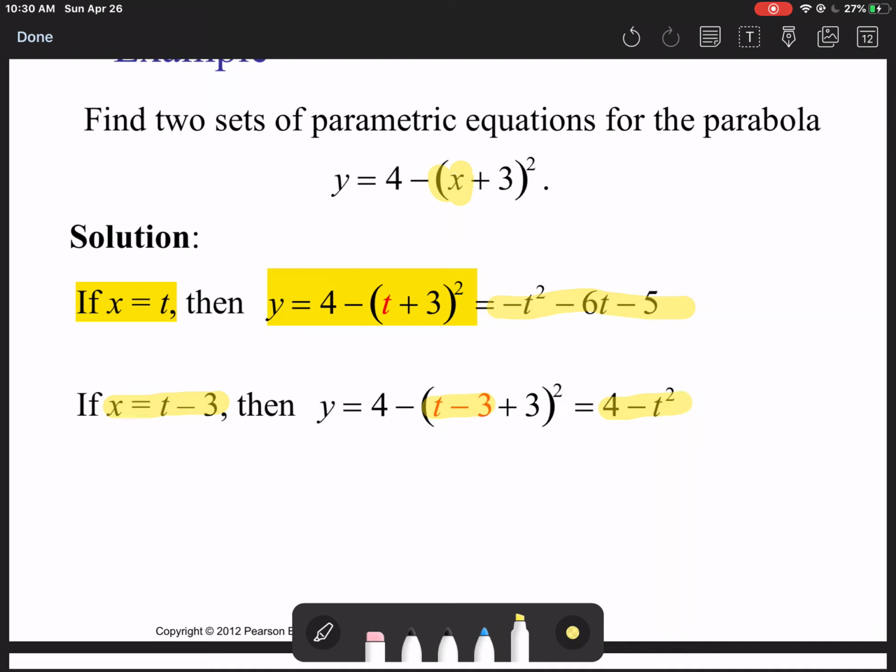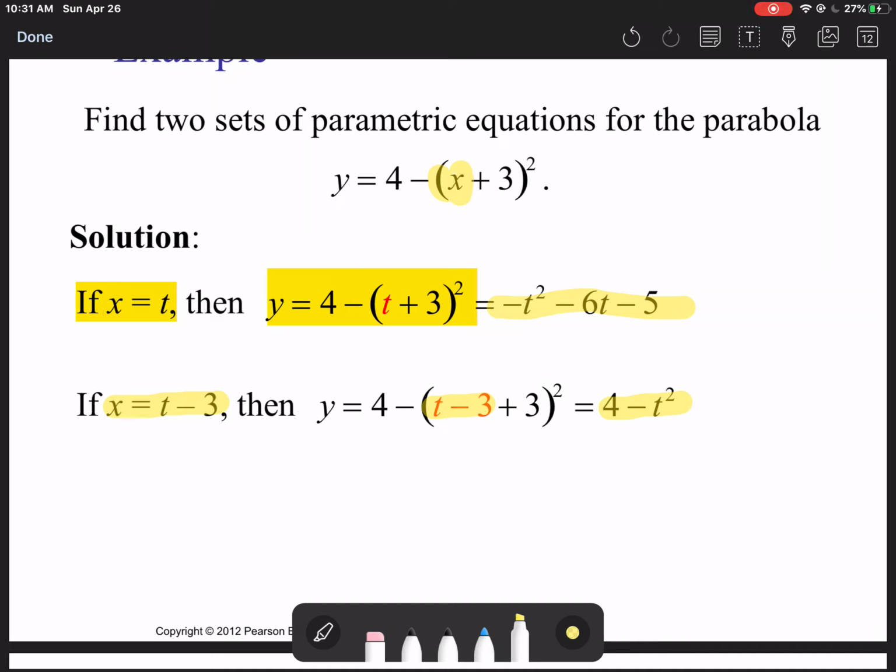It turns out there's an infinite number of ways you can do this. When you have a rectangular equation that you want to represent using parametric equations, there's an infinite number of ways you can choose to do that. I always say the easiest way is to let x be t, there's your x equation, and then we plug that into our y to get our second equation.